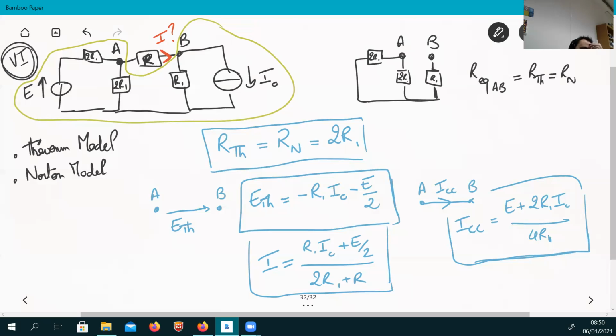Also, a common mistake I used to see in past exams is that once you get RTH, ETH, or RN and IN, you think you're done. But the result is not the model of Norton or Thevenin. The goal of this exercise is to find the current I flowing through R. So keep in mind what we ask you to do and don't stop once you get your final result for the model.